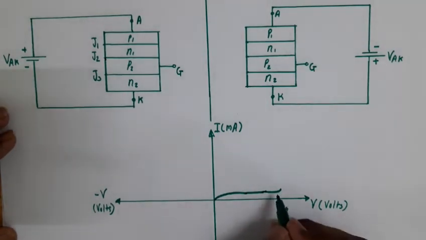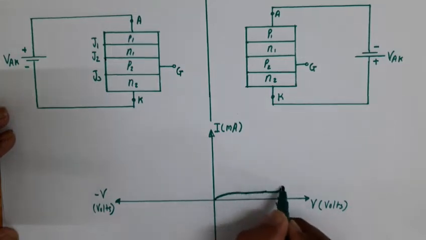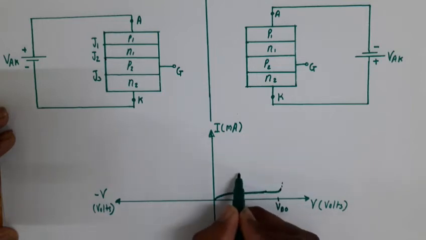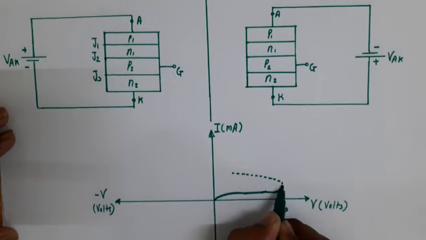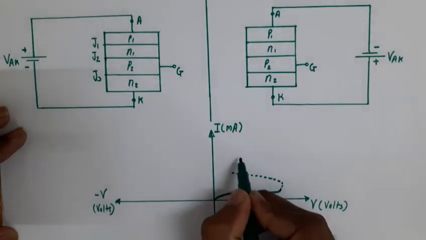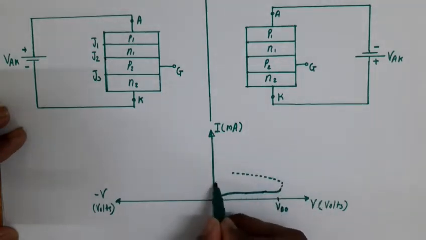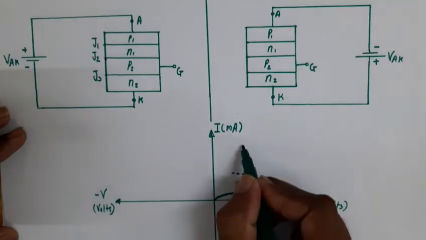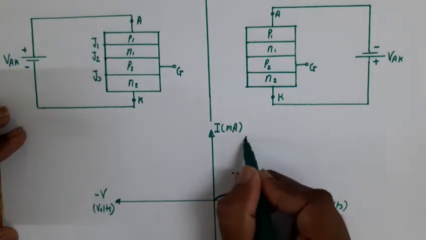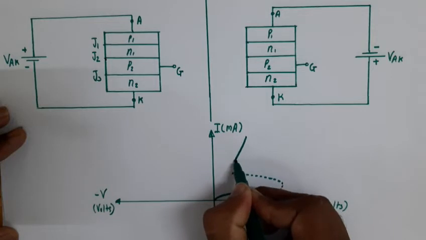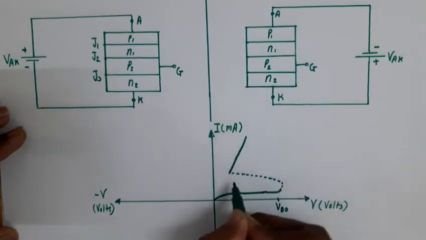We can show it on the VI characteristic like this. Here the current is started increasing. As you can see, due to breakdown of the junction J2, here a sudden rise in current is observed.